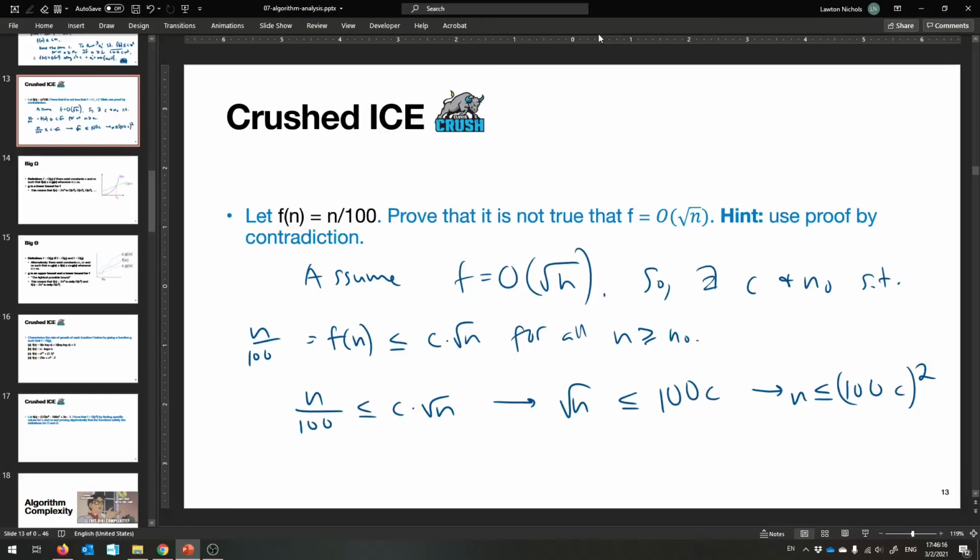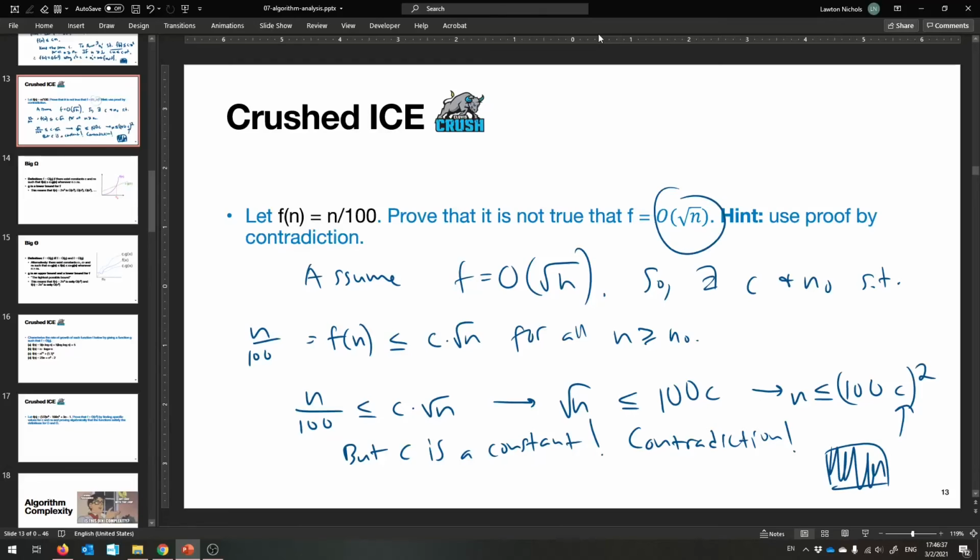This is saying that n must always be less than this, where c is a constant. That's never true, okay? But c is a constant. So that can never happen, okay? And that's a contradiction. And we've just proven that it's impossible for square root of n to bound this.